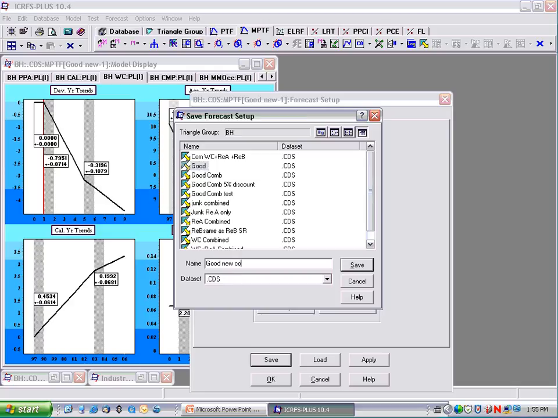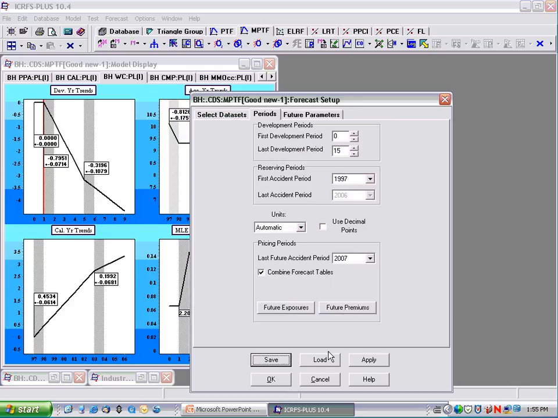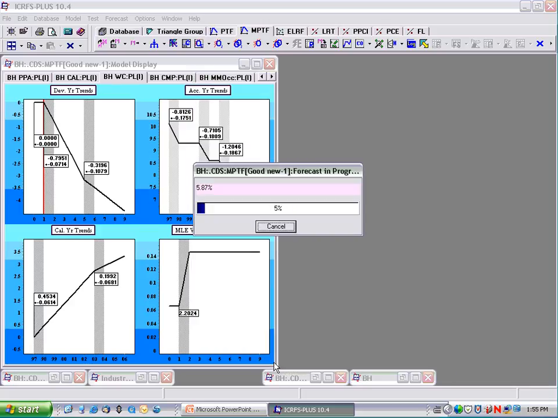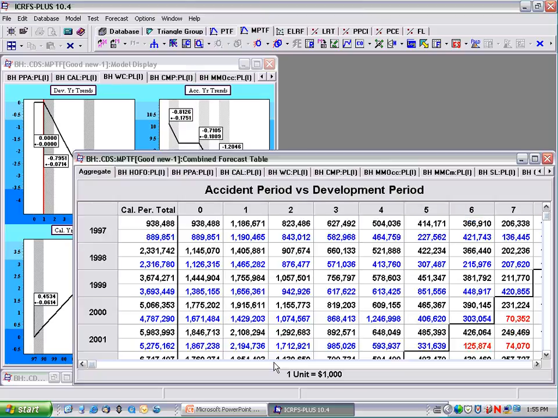I've done this before, where I called the model good, and the combined forecast scenario good, combined. Anyway, we're just repeating what I have done before on my own. And let's forecast now. We're going to create a lot of tables.